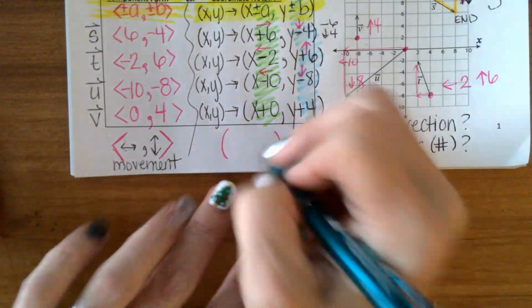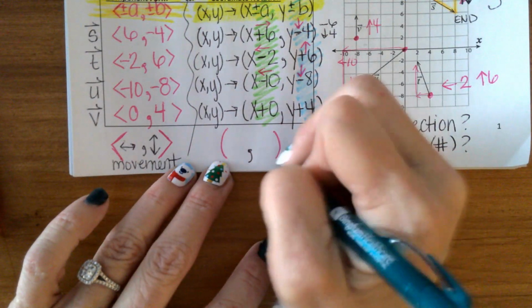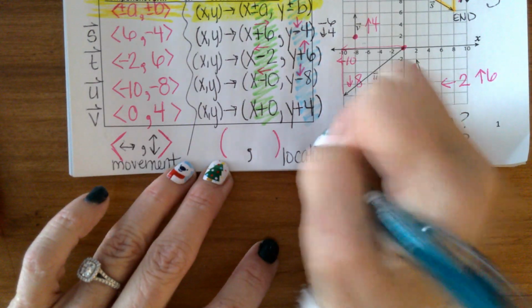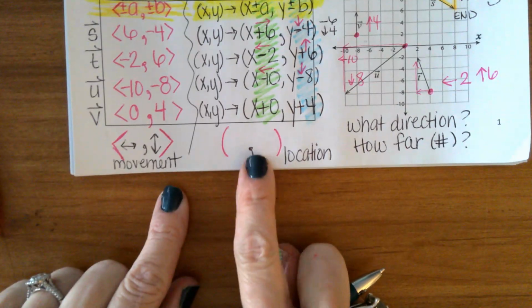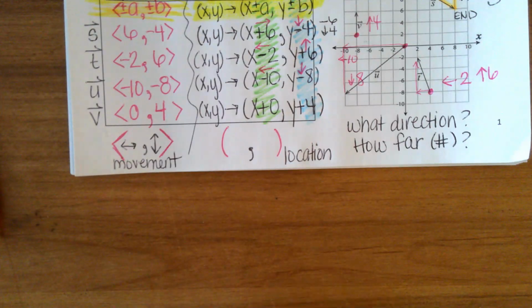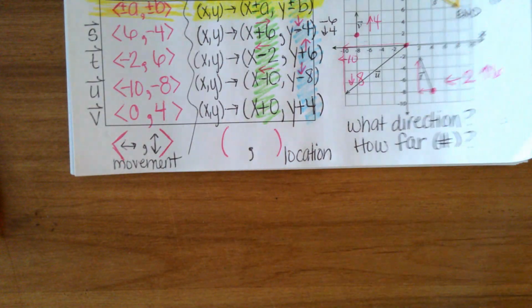An ordered pair with the parentheses, that's a location. And that's different. This is a location. This is a movement. All right, when you're ready, you can flip your page.